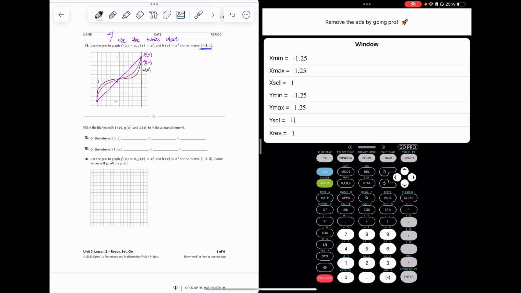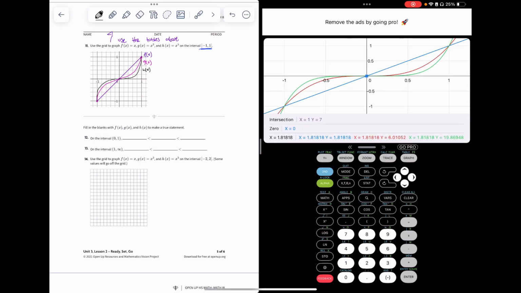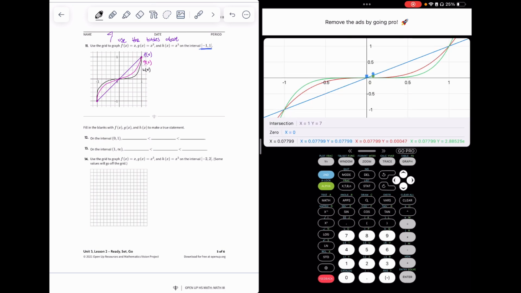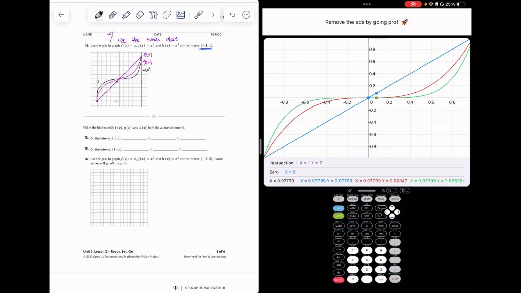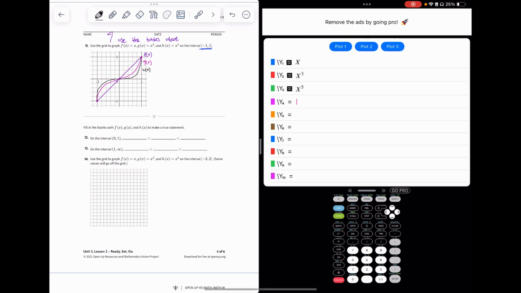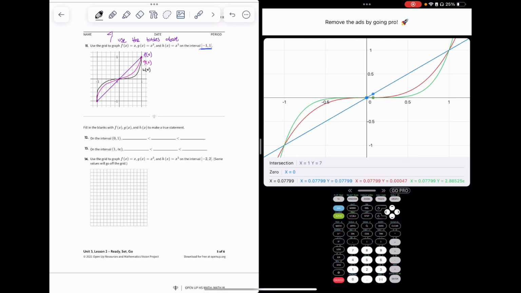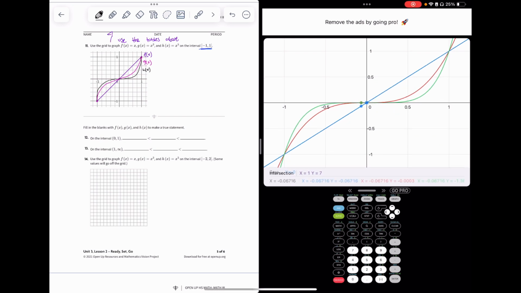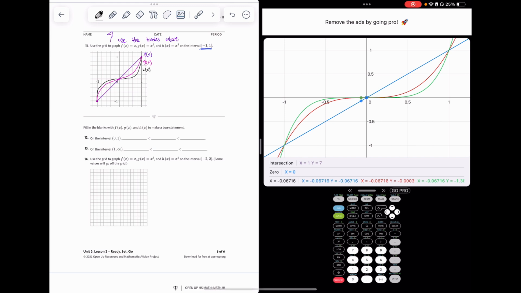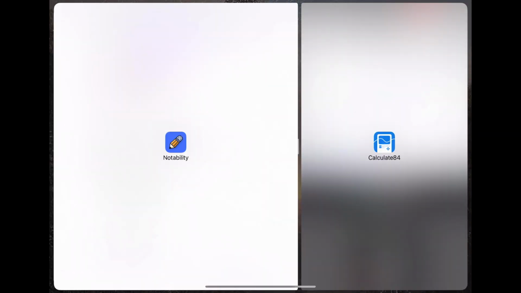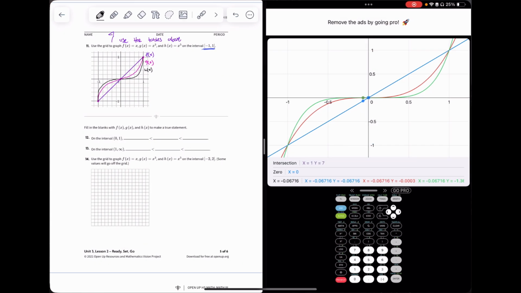Okay, let's graph this. Okay, cool. So this is kind of what we see. We see that the green one is x cubed, right? So x cubed, and h of x is a little bit higher, and yeah, perfect. So this is between -1 and 1. If you're looking at the video, this would be helpful.